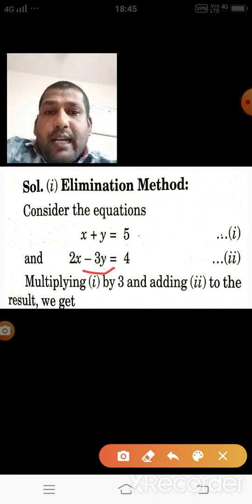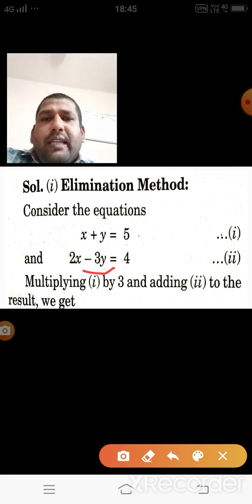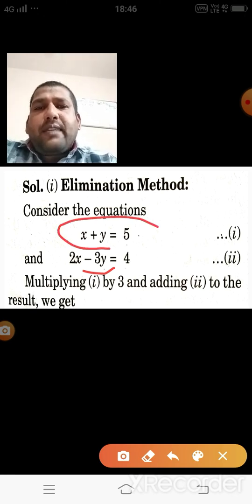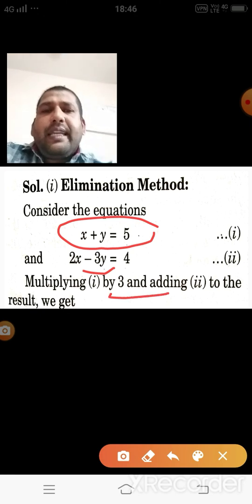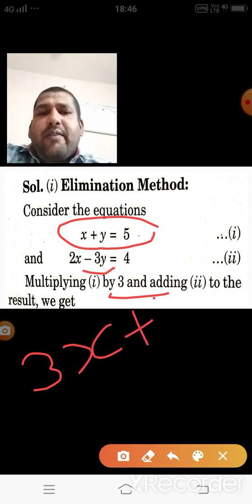Then either you equate the coefficient of x or you may equate the coefficient of y. Here I am equating the coefficient of y. To equate the coefficient of y, I have to multiply the first equation by 3. And if I multiply the first equation by 3, I get 3x plus 3y is equal to 15.